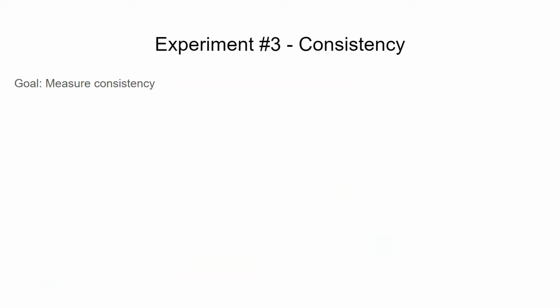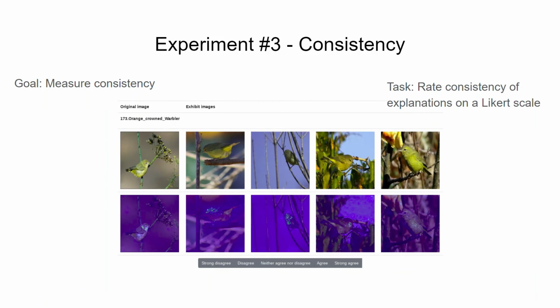The goal of the third experiment was to measure the consistency of the methods. By consistency, we mean that the explanation method for similar images would highlight similar regions of the image or have the same patterns within the image. We show the users several saliency maps of correctly predicted images belonging to the same class.